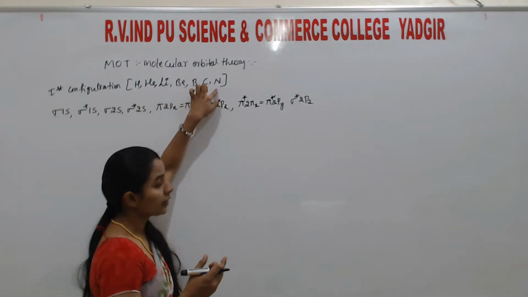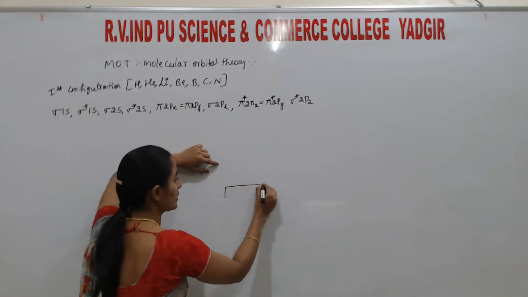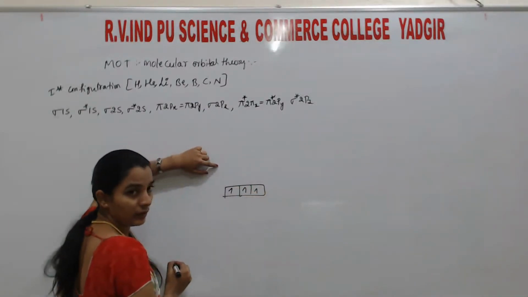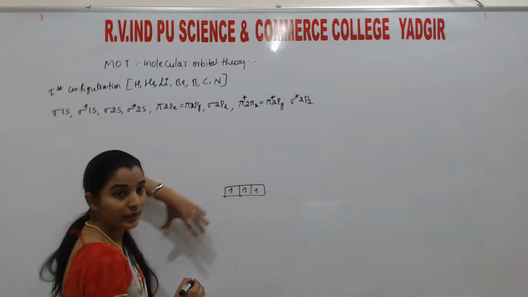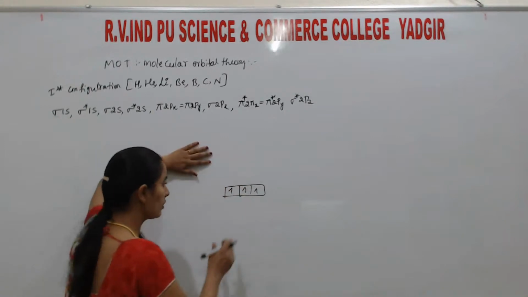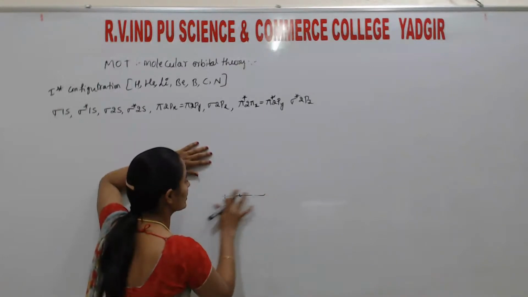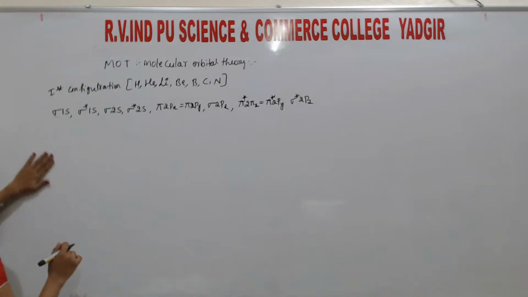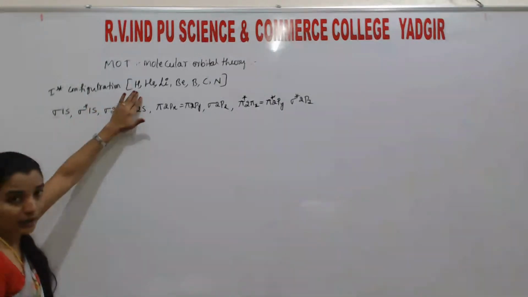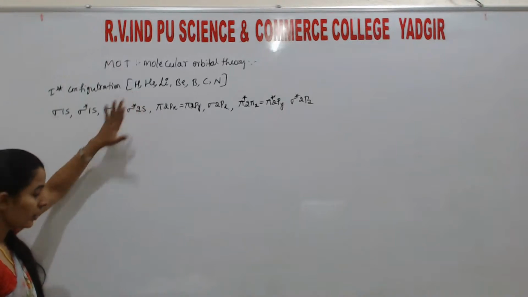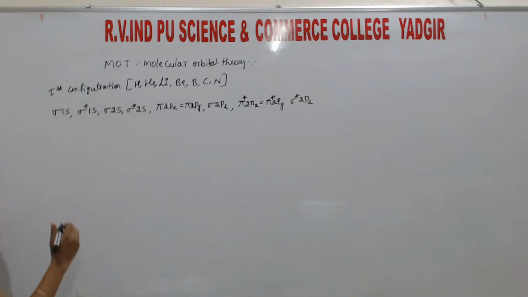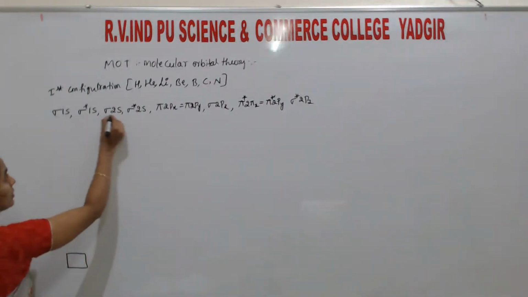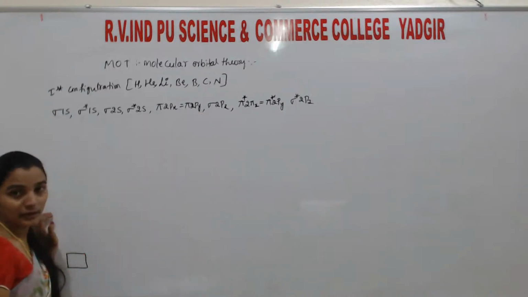Why? Because up to nitrogen, we know the orbitals are like this: 1, 1, 1, so the p orbitals are not completely filled. That's why this configuration is followed. Later, only one change is there. So students, how to write this? If I consider hydrogen, initially I will write the diagram, later I will explain. Listen, this is the 1s orbital, because here 1s, 2s, 2p orbitals are there.